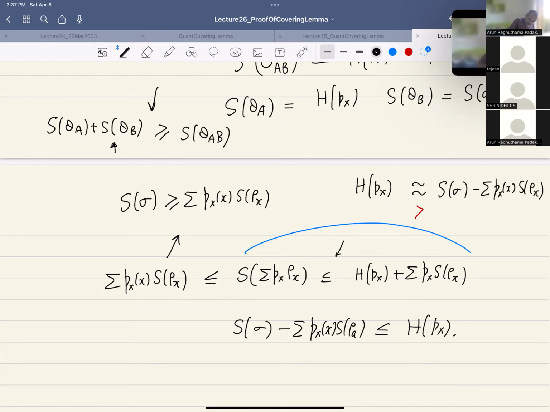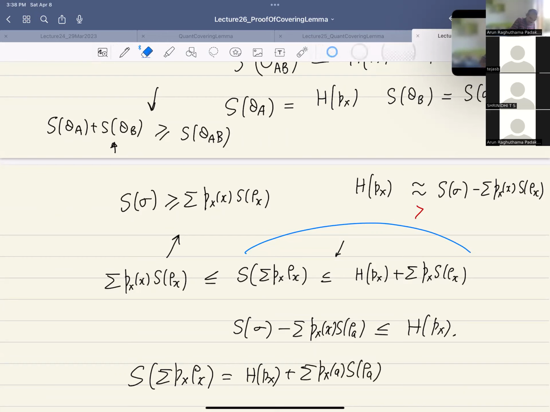When all the rho x's are orthogonal, S of summation Px rho x is indeed equal to H of Px plus Px of x, S of rho x. So if they're not orthogonal, there is a strict inequality, and hence you don't need H of Px number of code words. Is this convincing? Yes, sir.